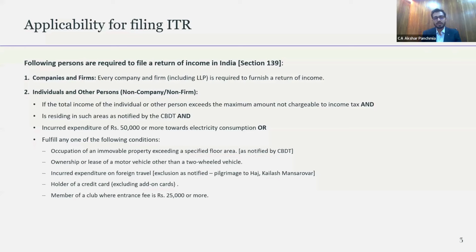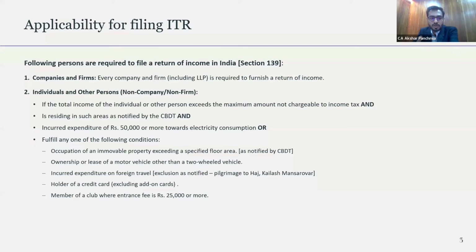In clause B, it says every person not being included in A above. So any person who is not a company or firm will get a basic minimum limit, beyond which, once you cross that, you have to file your return.